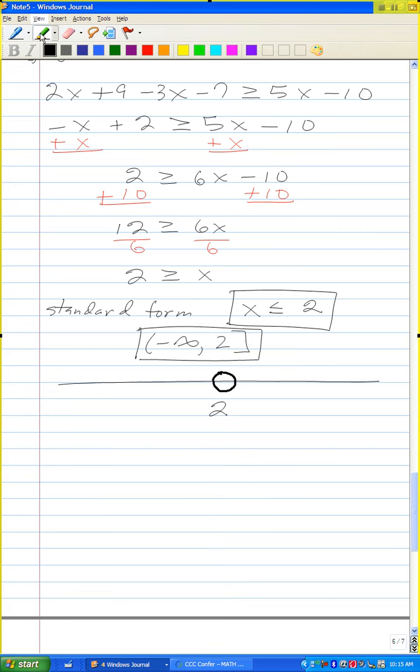It's everything that is less than 2, less than or equal to 2, so it includes 2, and everything less than 2. And that is your answer.